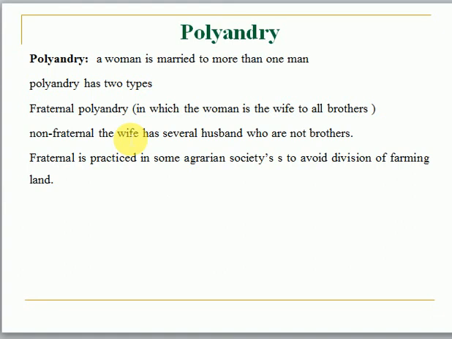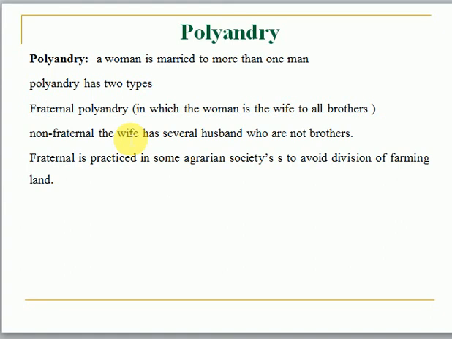While we're talking about polyandry, a woman is married to more than one man. Polyandry has two types. The first one is fraternal polyandry, a type of marriage in which the woman is the wife to all brothers. One woman is shared by all brothers.